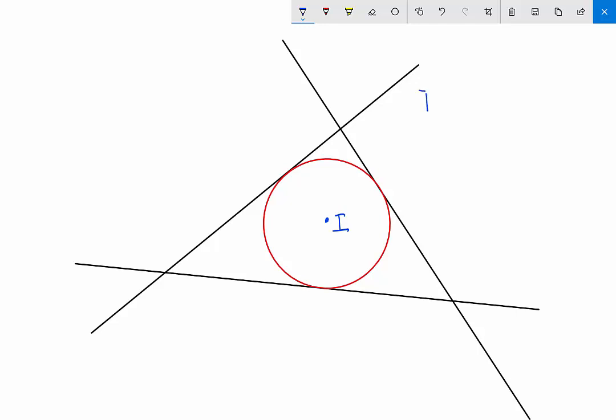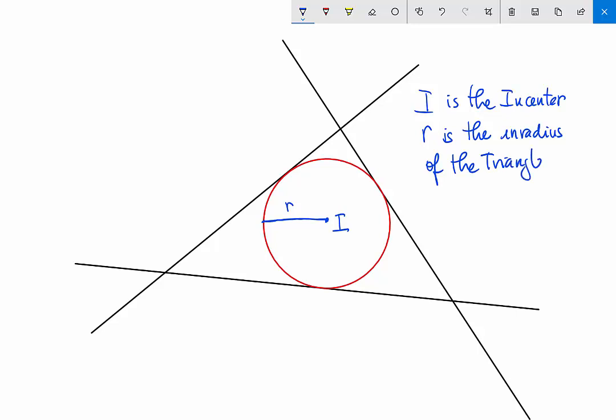So in this case here, I is the incenter, and the length of the radius of the incircle R is the inradius of the triangle.